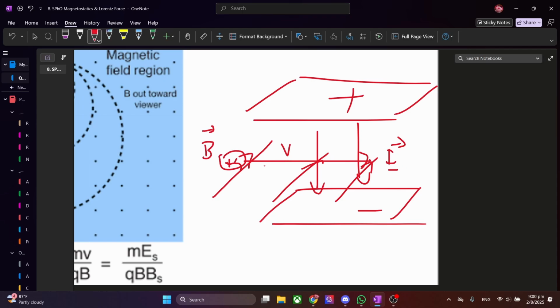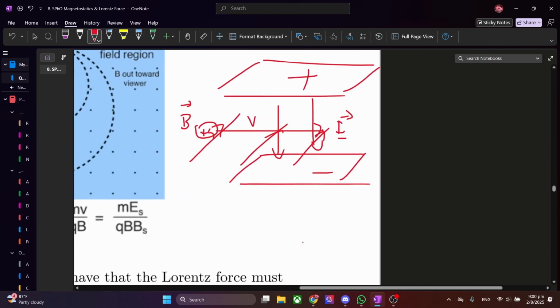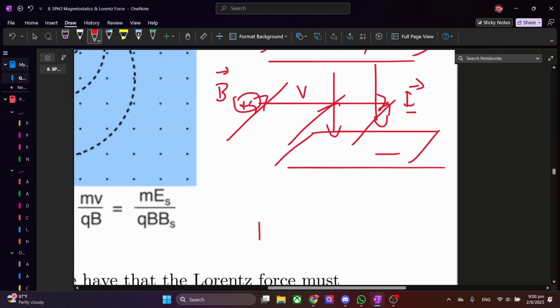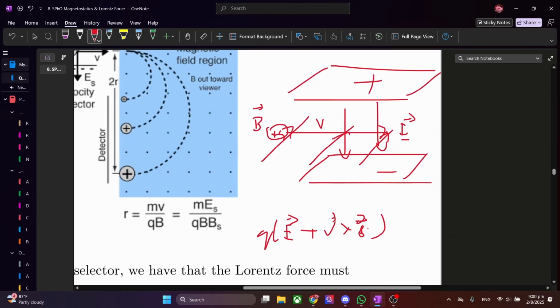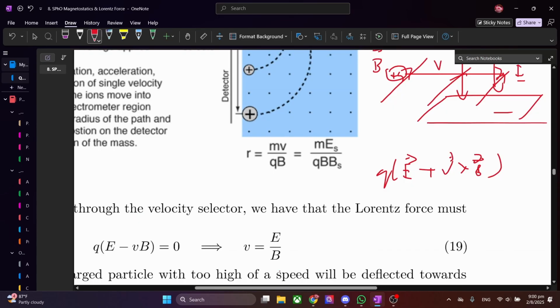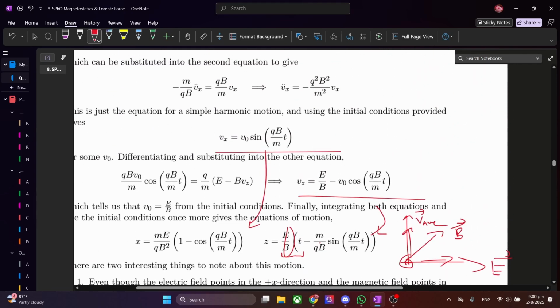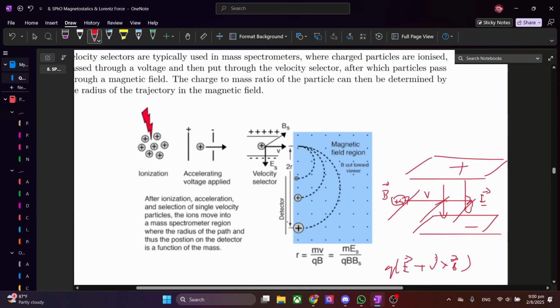If it's too slow, it might deflect in one direction. If it's too fast, it might deflect in the other direction. But you can do the math yourself, where you consider the Lorentz force again, E plus v cross B. You consider directions and you get the velocity selector speed, which you'll notice is the same as this. But I digress.